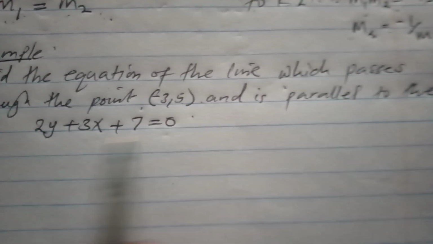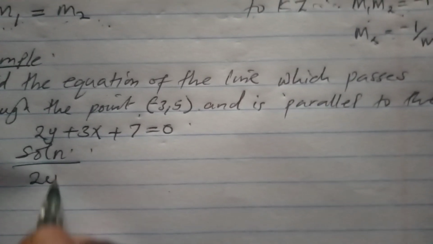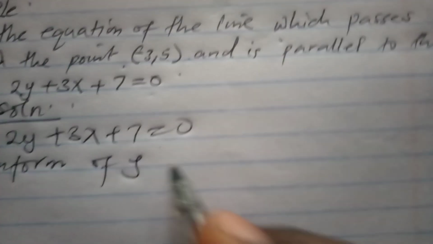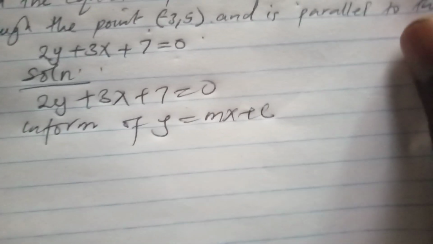If you get such lines, you have to make it in the form of y equals mx plus c. So we first make the line 2y plus 3x plus 7 equals 0 into the form y equals mx plus c, so from there we can identify the gradient.